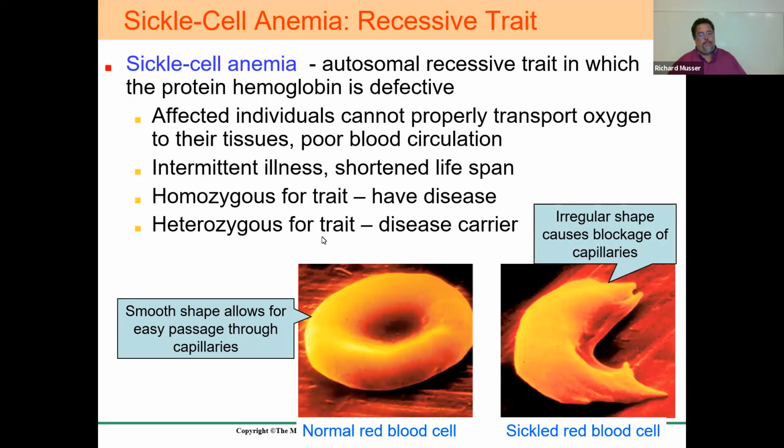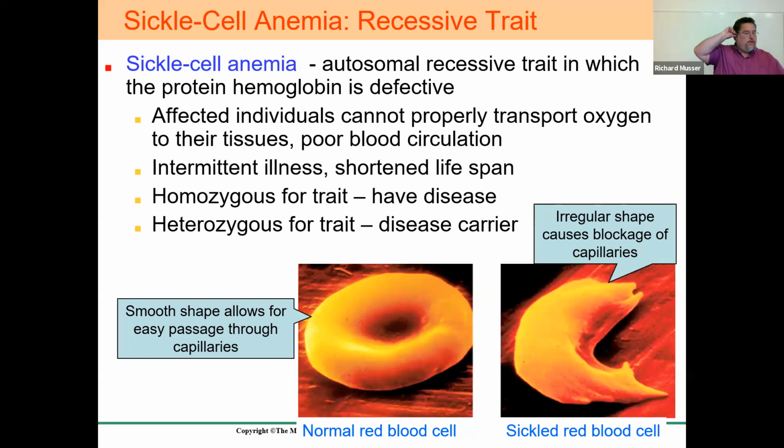Sickle cell anemia is a recessive trait. This is a blood cell that typically looks like a lifesaver. It's full of hemoglobin. A normal one can move easily through capillaries. But with sickle cell anemia, the blood cell does not have a proper shape. It actually has a sickle shape and gets caught up and clogged up in blood vessels, increasing the likelihood of a shortened lifespan with lots of intermittent illnesses.